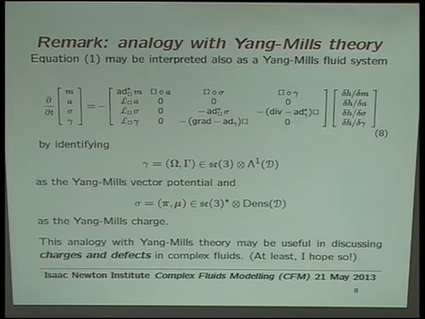So one of the features about that is that it might be useful in discussing what we mean by charges and defects of various kinds in complex fluids. Those are the sorts of things that geometric mechanics inspires in mathematics.